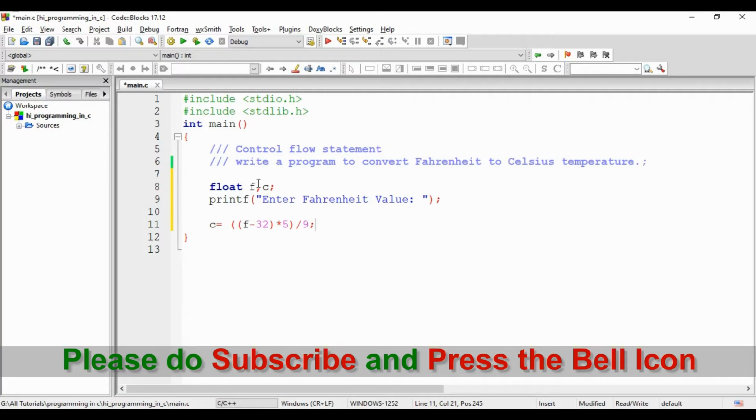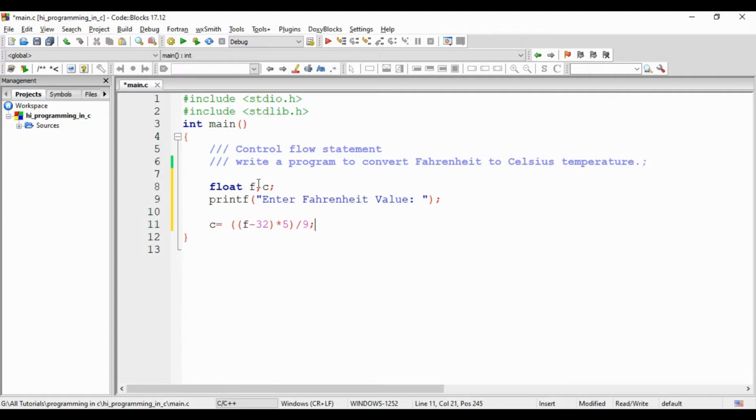Okay, the formula is (F minus 32) by 9 equals C by 5. Okay, the equation was like this.